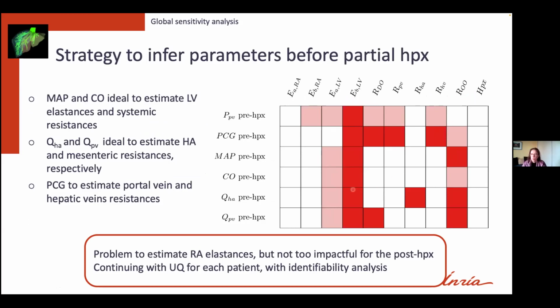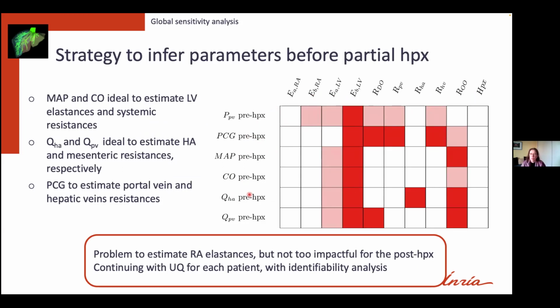This is what the sensitivity analysis on the preoperative state allowed us to do. And we can see that most of these parameters are related to measurements that the clinicians perform.